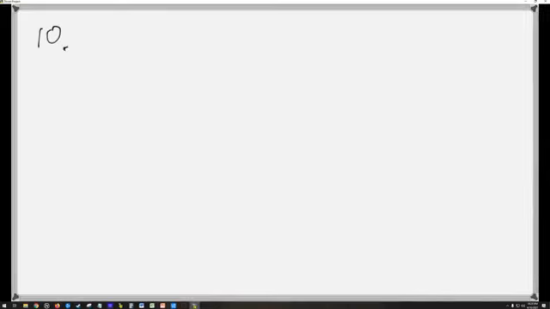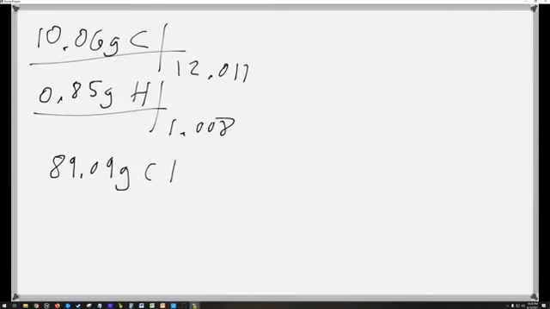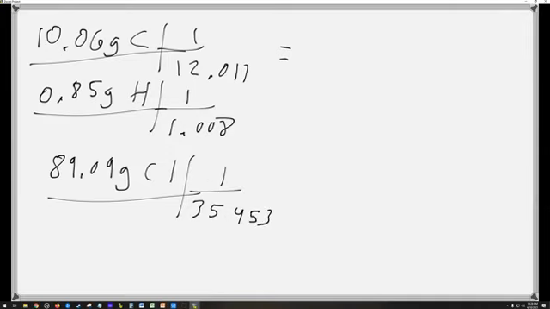So 10.06 grams of carbon, 0.85 grams of hydrogen, 89.09 grams of chlorine. I'm going to divide that one by 12.011. Going to divide this one by 1.008. We're going to divide this one by 35.453. All right, let me get my calculator and knock these out. 10.06 divided by 12.011 gives us 0.8376.